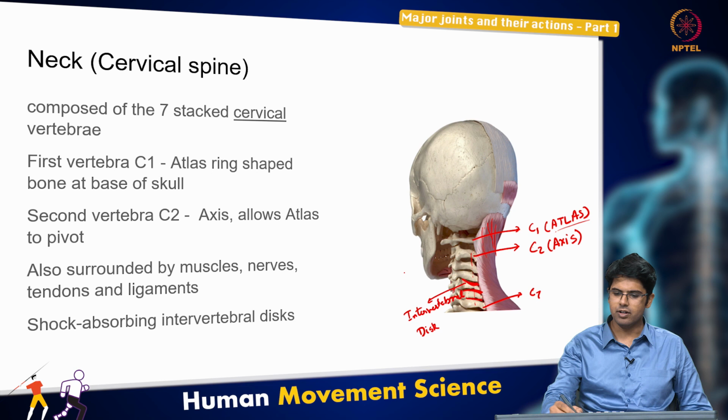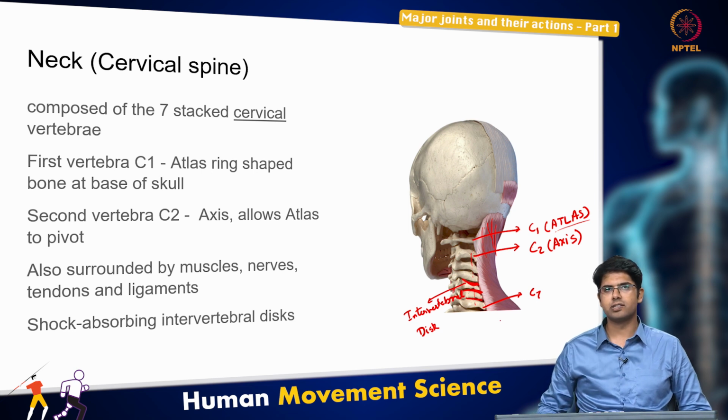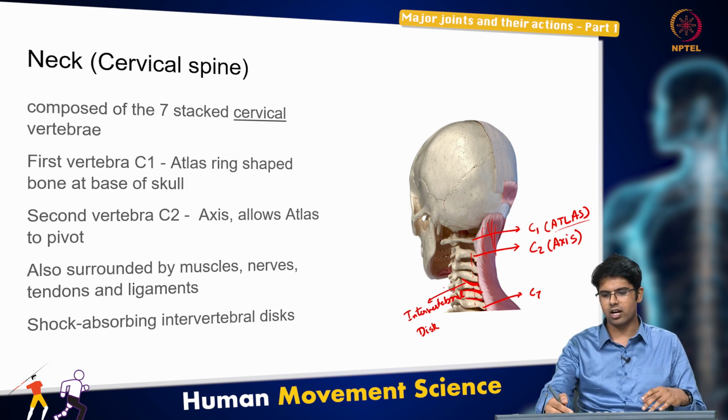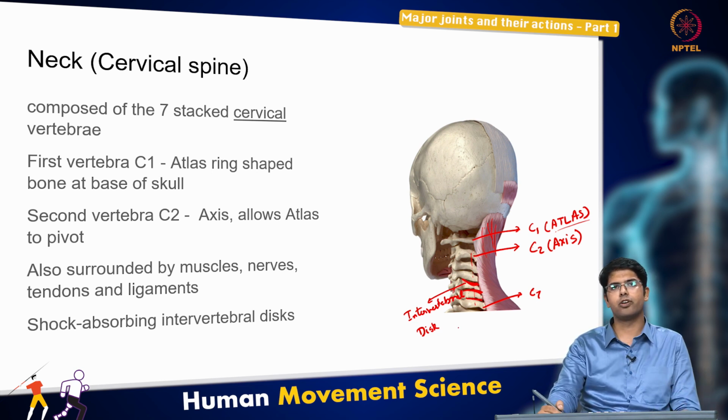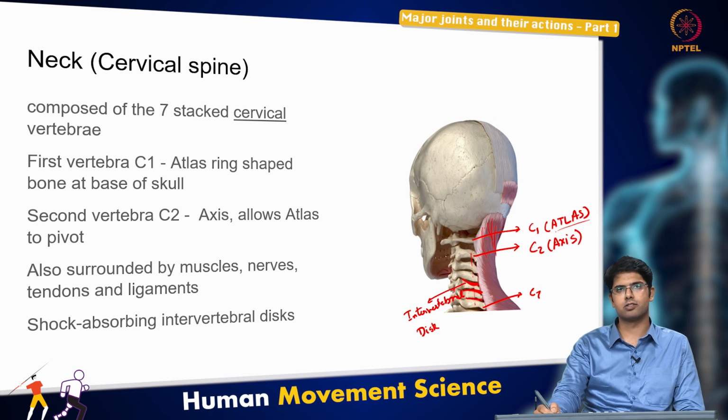This entire thing forms what is called the neck joint. Okay. So there's no single joint. It behaves as a compound complex joint because of the articulation of all these vertebral columns on top of each other, controlled by the muscles.